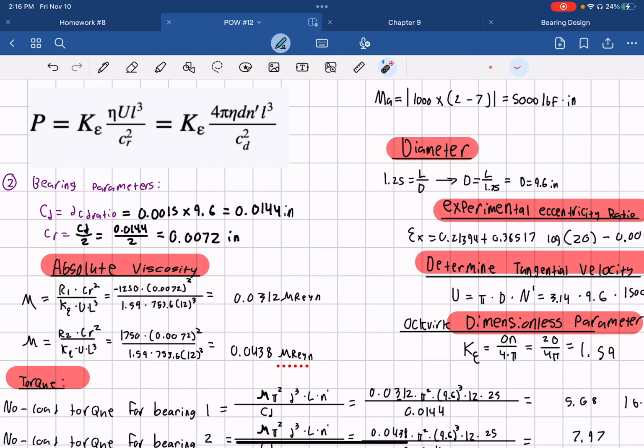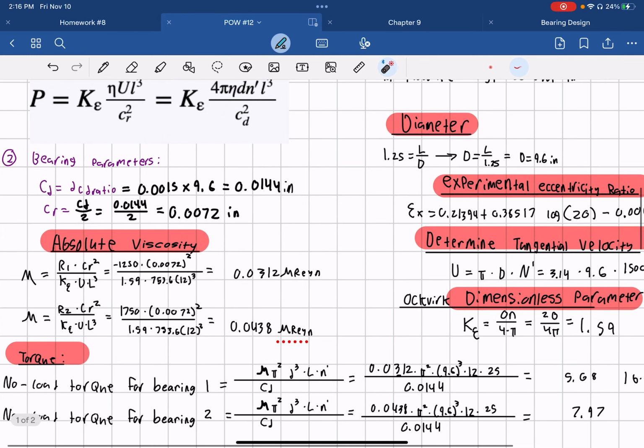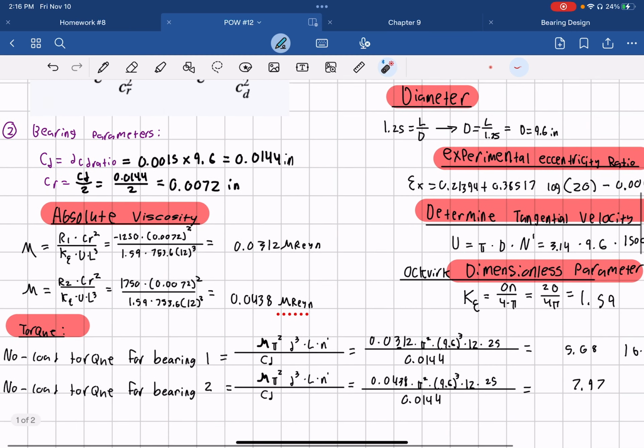I do this again for R2, which I get as 0.0438 microreynolds. I'm going to convert this back into normal reynolds just because it'll be easier to keep everything simplified when multiplying the absolute viscosities with everything else to find the torques.